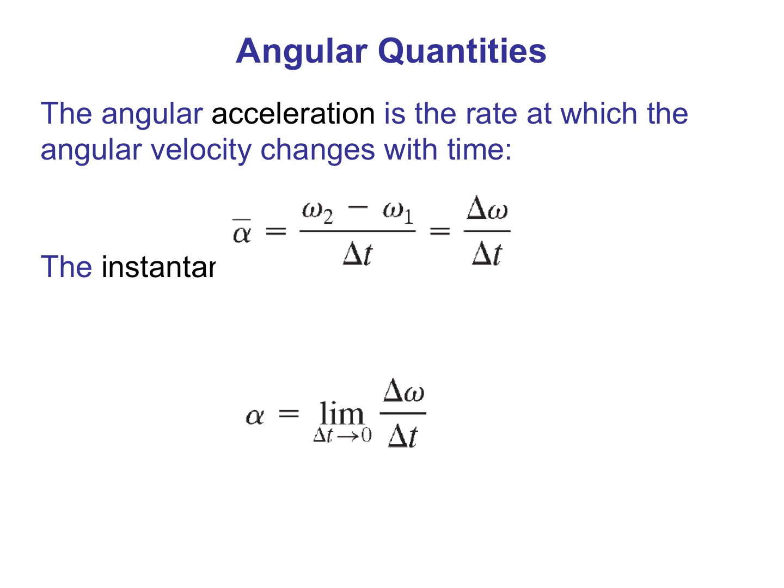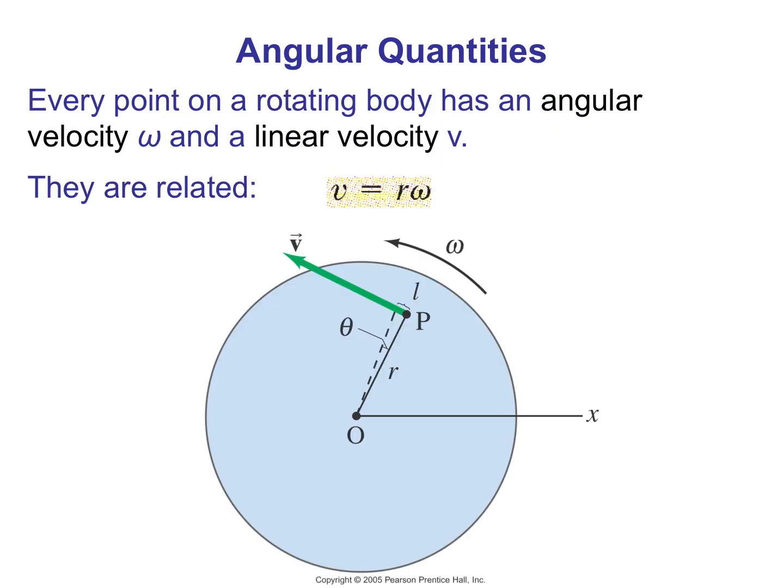They would refer to instantaneous values, but you'll be mostly dealing with average values, because we will be dealing with constant acceleration, not non-constant acceleration. So we have three quantities.